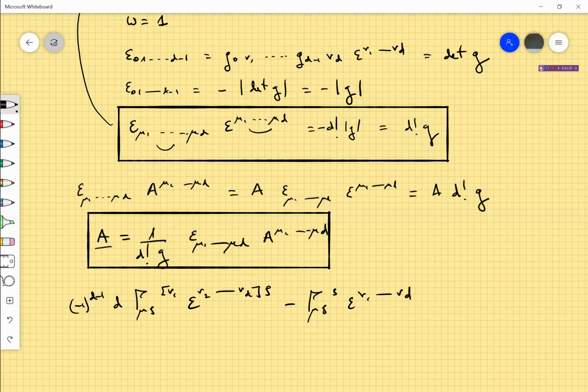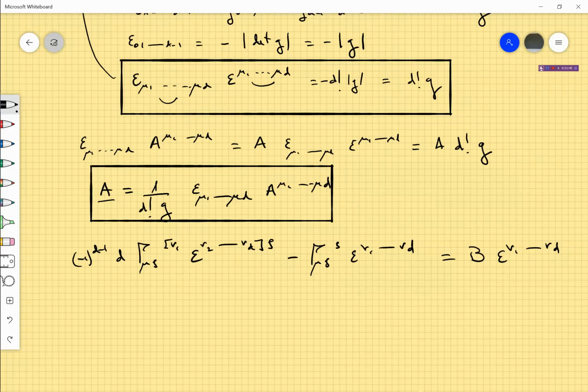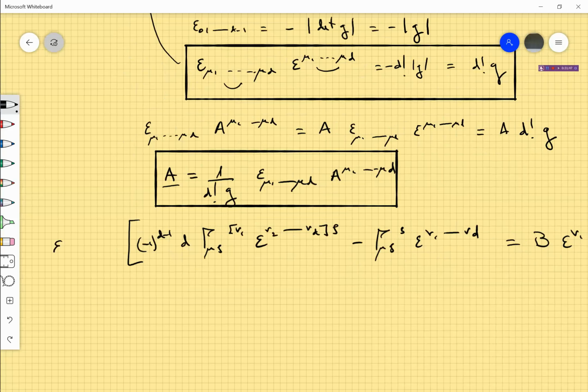So this has to be proportional to epsilon nu 1 to nu d. And I want to find the coefficient, let me call it b. So I apply this result, and I multiply both terms by epsilon nu 1 nu d.